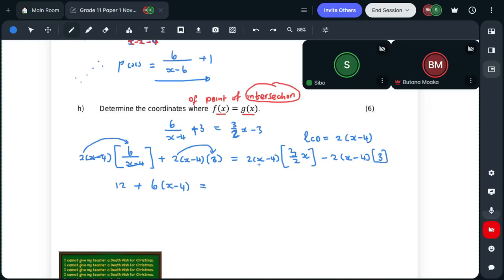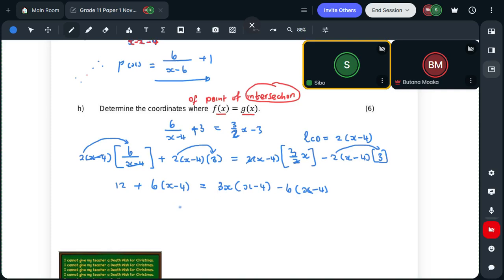This is equal to this 2 here will be cancelled by that 2. I'm left with 3x multiplying the x minus 4. Then 2 times 3, that's 6. Minus 6, which needs to be multiplied by x minus 4. Shall I move?